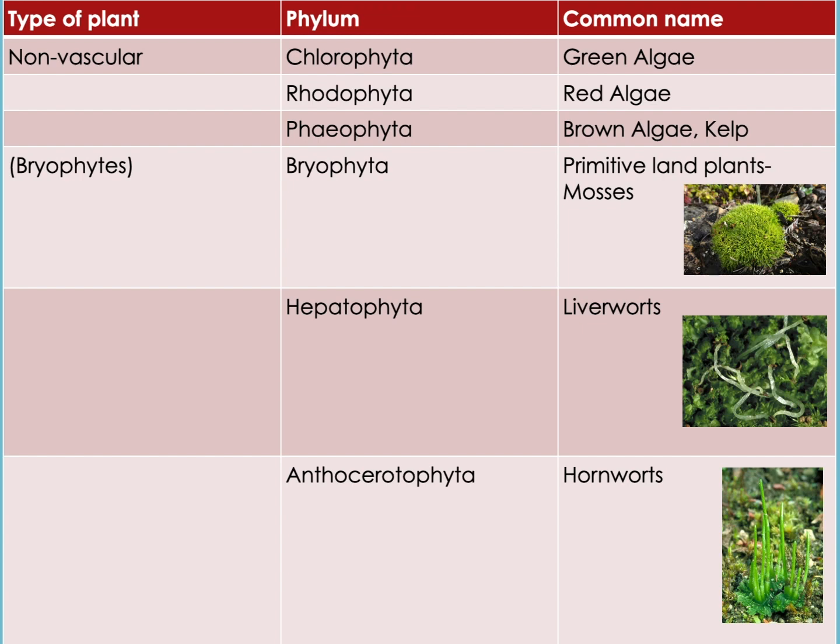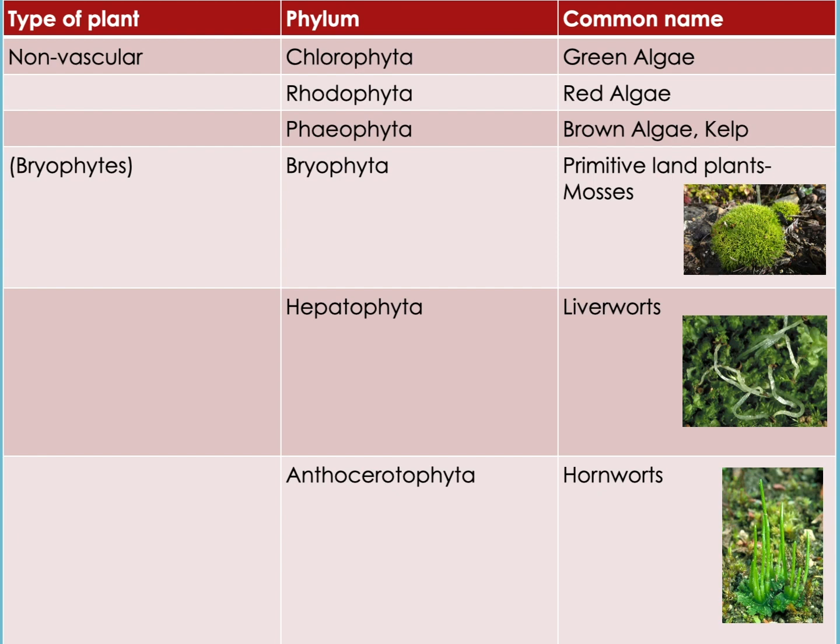So there are three divisions of the plant kingdom: Bryophyta, Pteridophyta, and Spermatophyta. The non-vascular phylum includes the green algae, red algae, and brown algae, while the Bryophyta includes, for example, mosses.